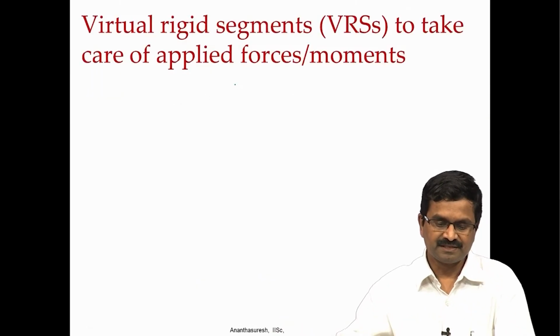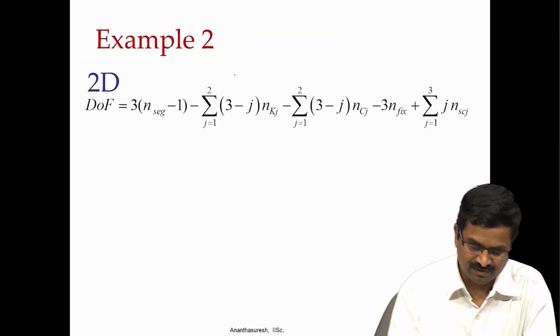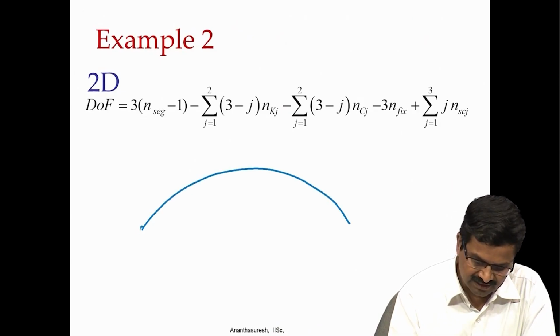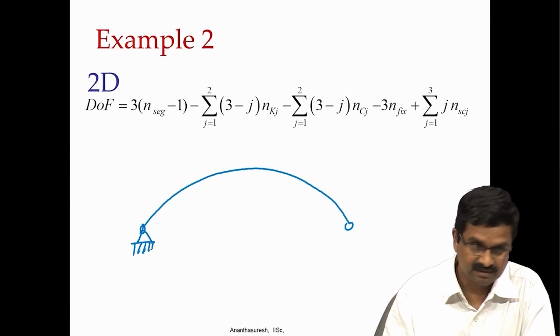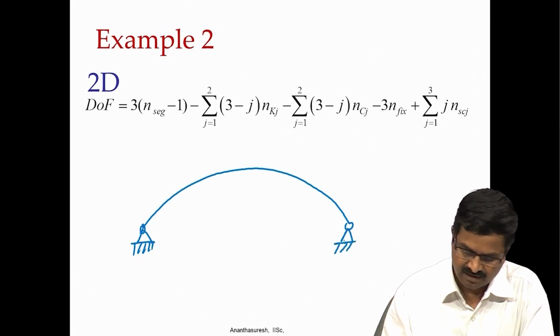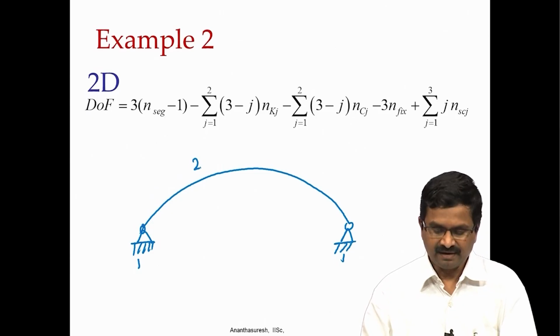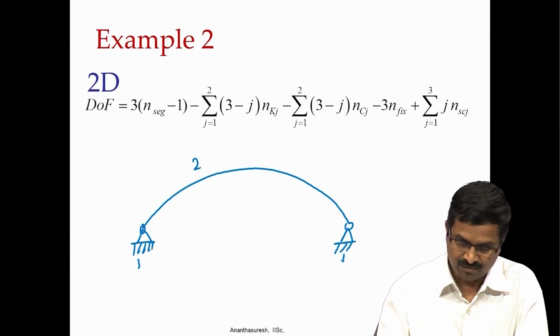So, we can consider several examples. Let us actually take an arch like that with pin joints on either side. Okay, we have 1 and then 2. Right now, if you apply this one, we have 2 segments.